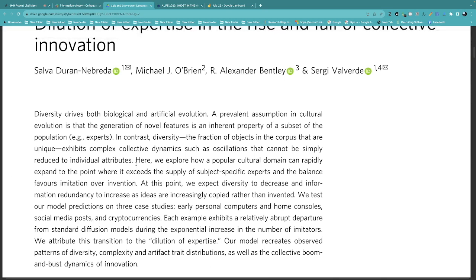So what they're getting at here, I think, is that there's this argument with respect to large language models that says that if we train large language models on, say, the internet, it is generated by human experts. And as such, it has a lot of these novel features.